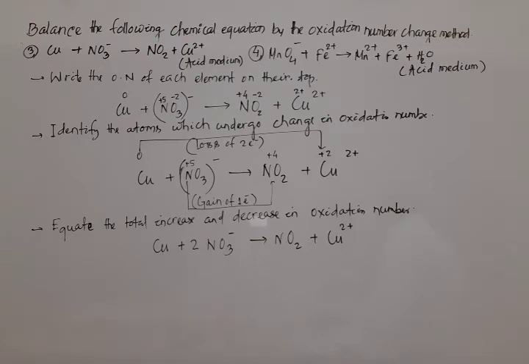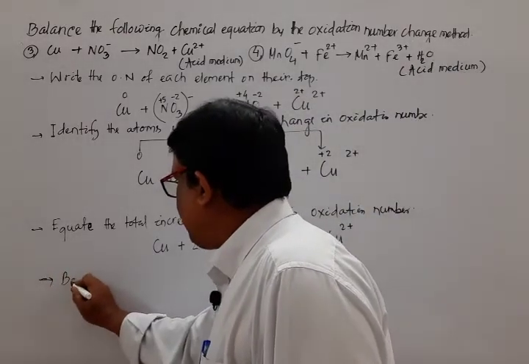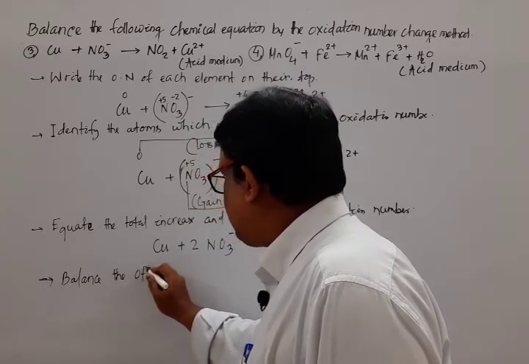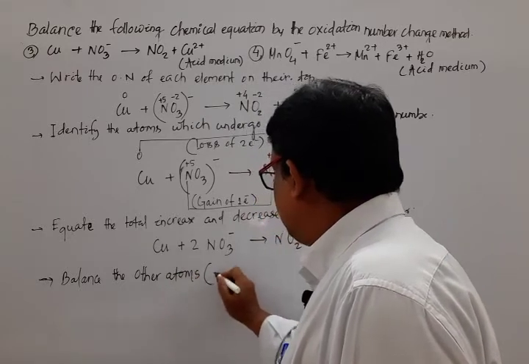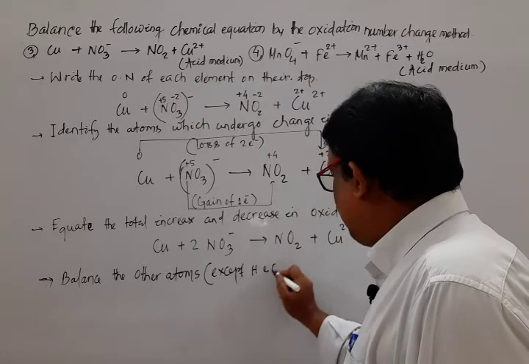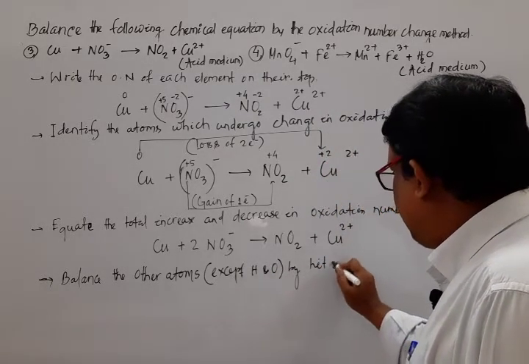Now balance the number of other atoms on both sides, except oxygen and hydrogen, by hit and trial method.